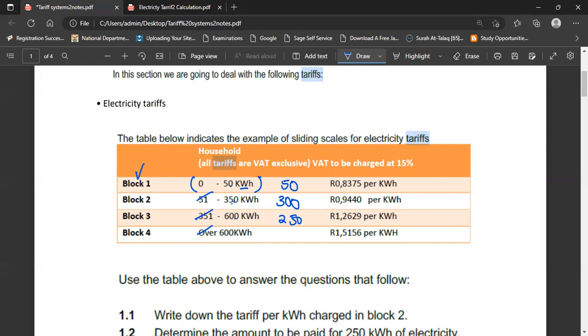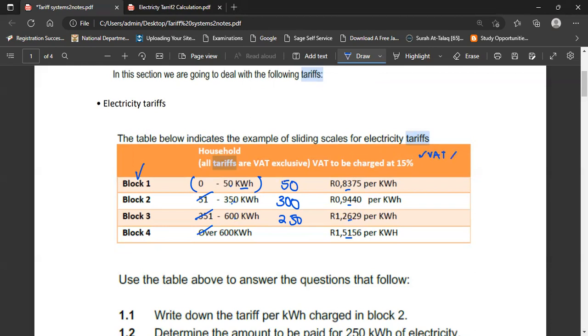Now, each unit costs this much. When you look at the table clearly, the more units you use, the more you pay. Take note, all tariffs are VAT exclusive, meaning these costs do not include VAT. If you are to calculate the cost, you have to include VAT.